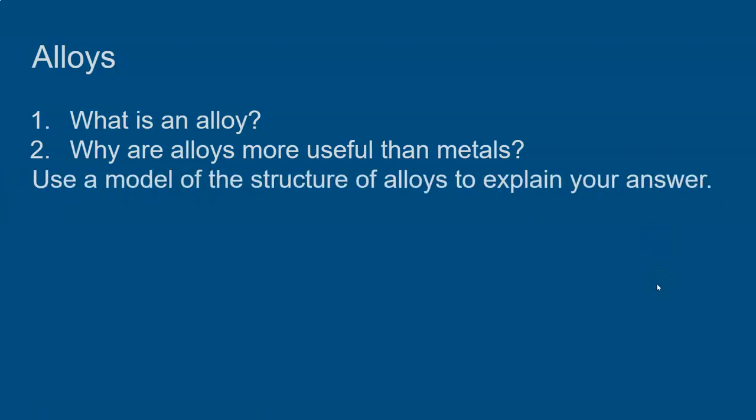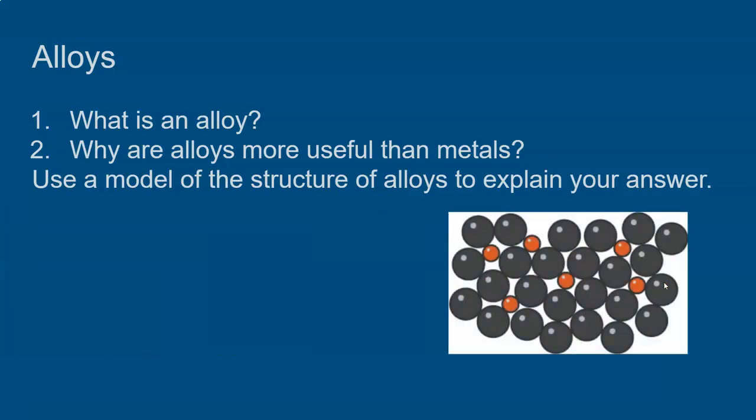We need to be able to explain why alloys are harder than the pure metals themselves. And again, we use a sort of model to help us. It would be worthwhile if you make a little sketch of this sort of picture for your notes. If you look carefully, you can see the main metal, the grey atoms, are no longer in layers.